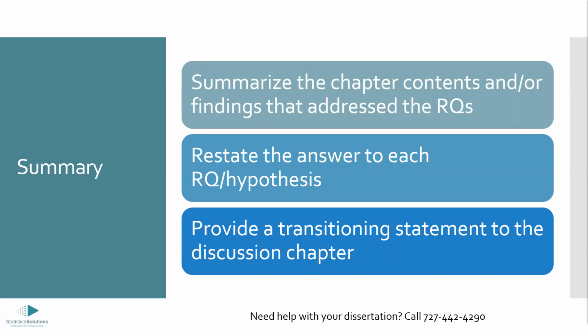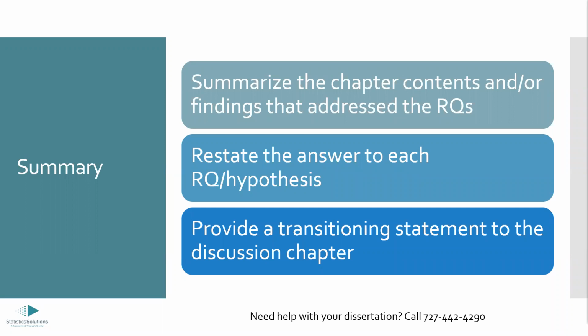Then once you have presented the results for all of your research questions, so you've answered all of your research questions and hypotheses, you can end your results chapter with a summary. So again, depending on what exactly your school requires you to put in the summary, you can either summarize the entire contents of the chapter or just summarize the findings for each of the research questions.